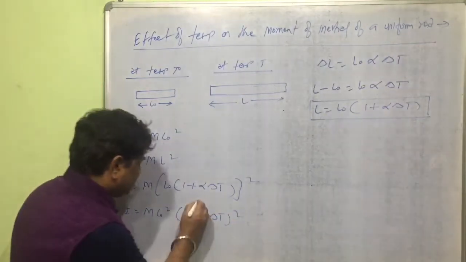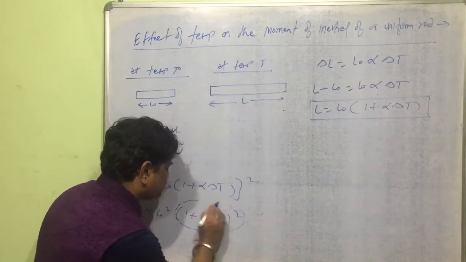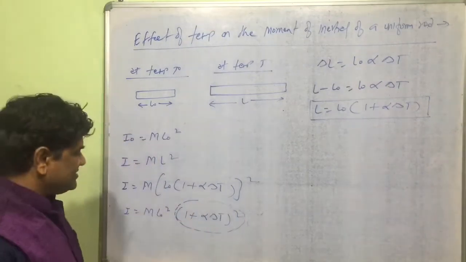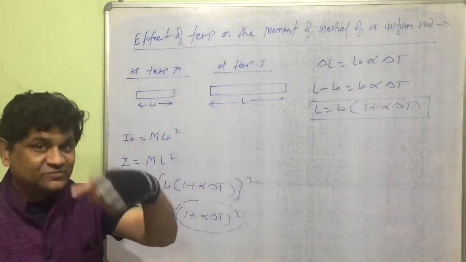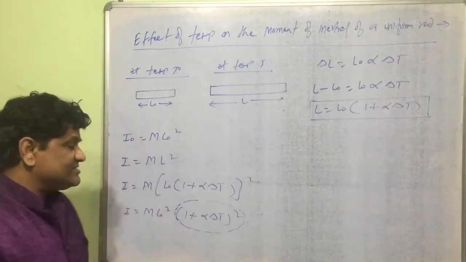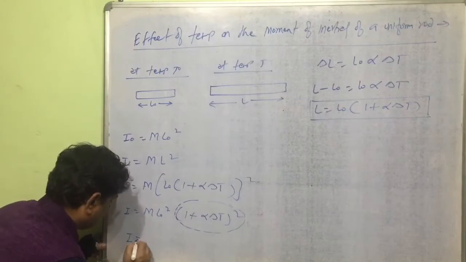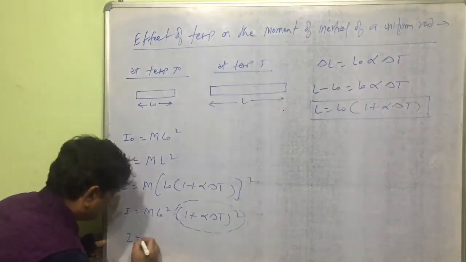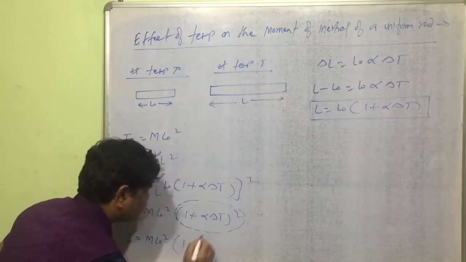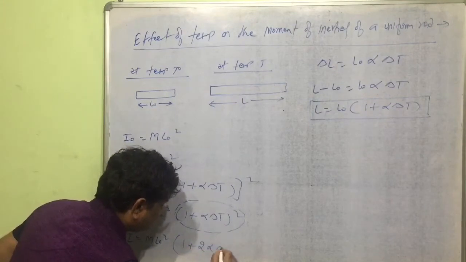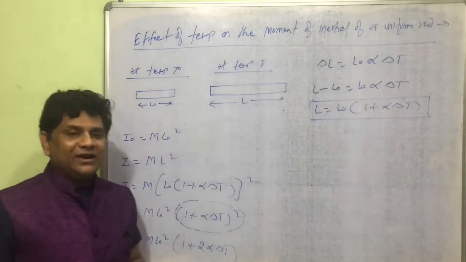Now this value we can simplify by binomial expansion. 1 plus x to the power n is 1 plus nx. This concept we can apply here for finding the moment of inertia. So I is equal to m L naught square into 1 plus 2 alpha delta T.